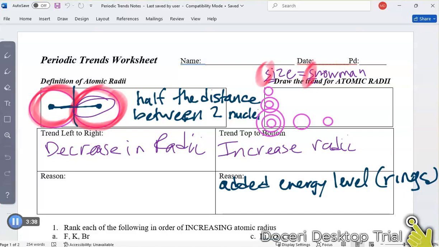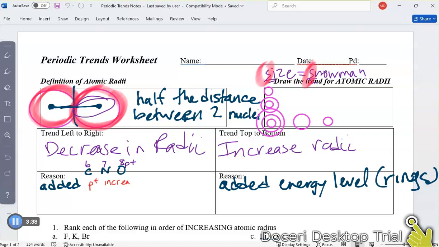Left to right. What happens left to right is that we add more protons to the nucleus. So as we go over left to right, remember carbon, nitrogen, oxygen. Carbon has 6 protons. Nitrogen has 7, oxygen has 8. So we're adding more protons. It's going to increase added protons.